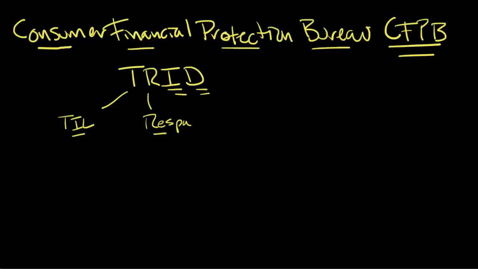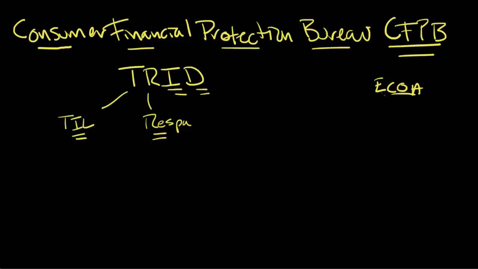And by the way, we're also going to throw in the Equal Credit Opportunity Act while we're at it. That's also part of TRID too. So we'll just write that over here, Equal Credit Opportunity Act, and remind me to get to that one in a minute. So TRID, for the most part, is the consolidation of these previously independent laws under one overall framework regulated by the CFPB.